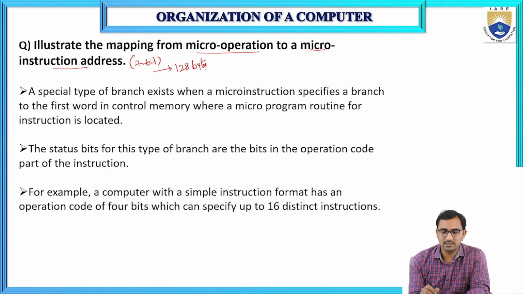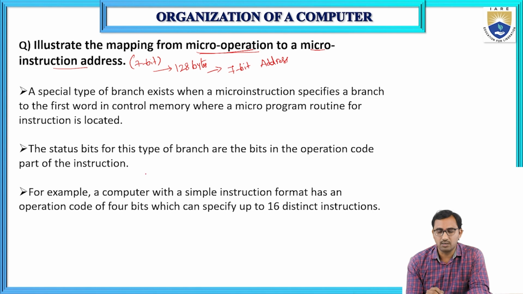In order to access 128 bytes of memory, we require a 7-bit address. So we are mapping the micro operation to the micro instruction address.